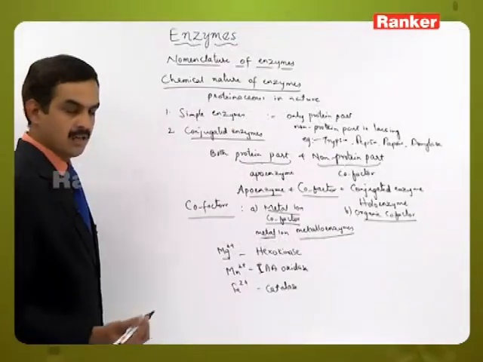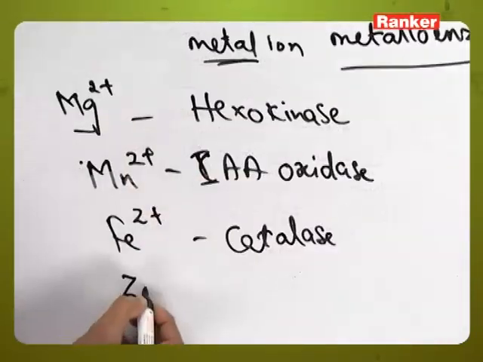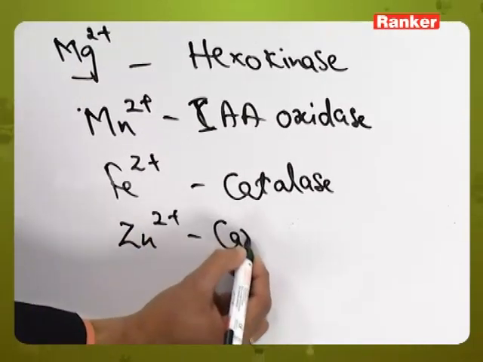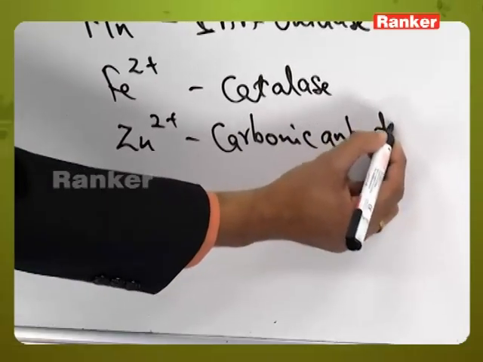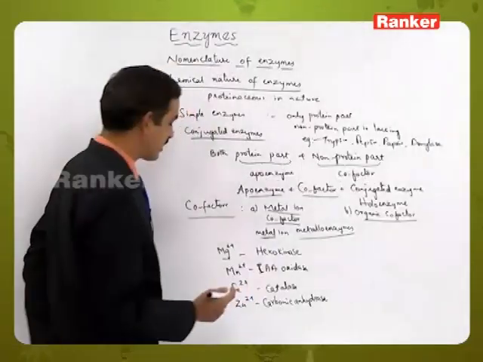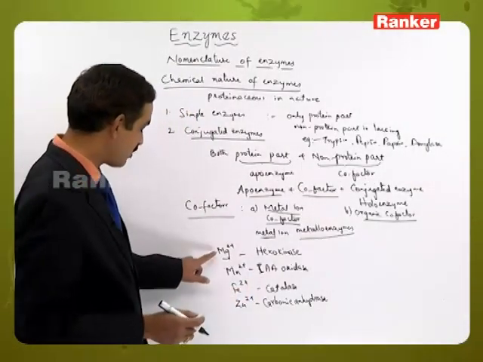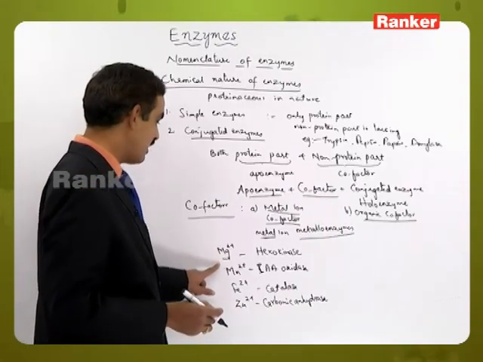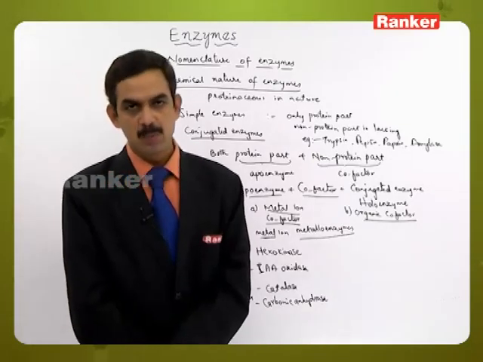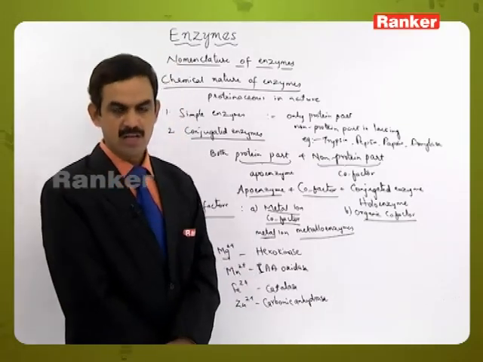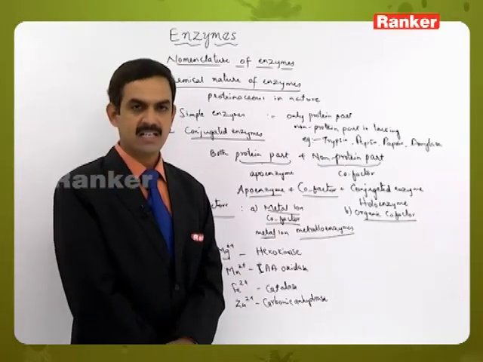Likewise Zn+2 is for carbonic anhydrase. Likewise there are many such metal ion cofactors. Without the presence of these metal ions, that particular enzyme cannot participate in catalysis, or it does not have catalytic ability.